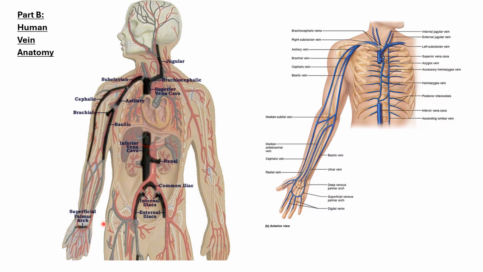If we go to the arm, let's start from here. This is the palmar surface. Okay, so this is the dorsal surface. This is the palmar surface. So there is the superficial palmar arch, and then this continues up, and we expect you to know this cephalic vein. The cephalic vein is on the side of the thumb. As you can see here, it is more clear on the side of the thumb.